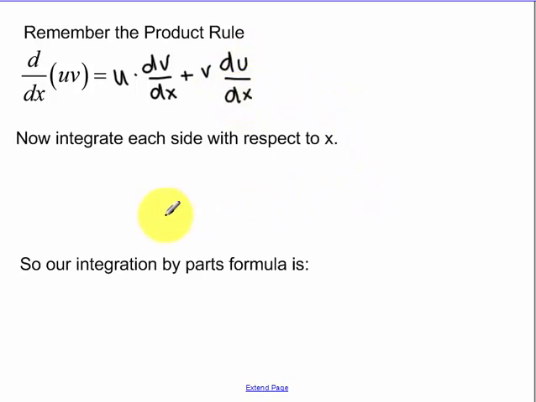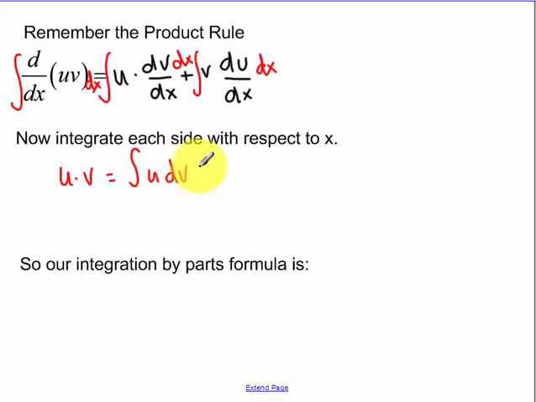Now, if I were to integrate both sides, so I'm going to throw in my integral symbol up here, integrate both sides, what I get on the right is u times v, and I'm integrating, I should be throwing a dx in there. Integrating with respect to x, so I'm integrating each term with respect to x. So I get uv back is equal to my integral of u dv plus the integral of v du.